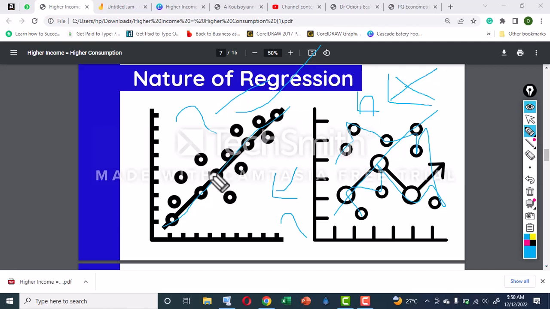We know that it has touched some dots, but there are some dots it is not touching, not representing. So we look at the difference between each of those dots and the straight line. That is where our error term comes from, the disturbance term, the error term, showing that there are still some dots that are not explained by our straight line.